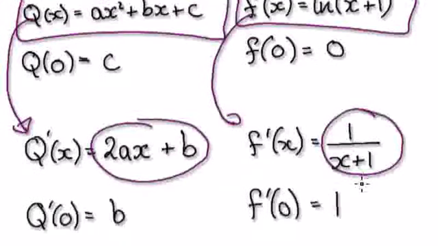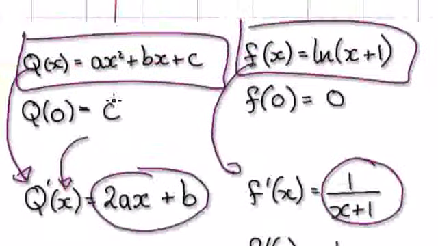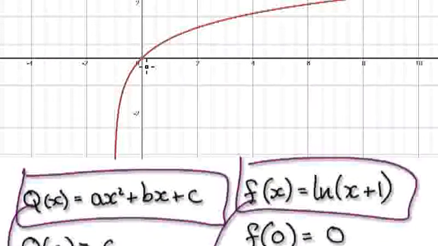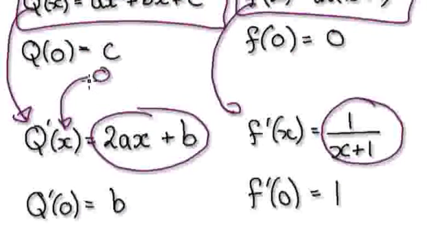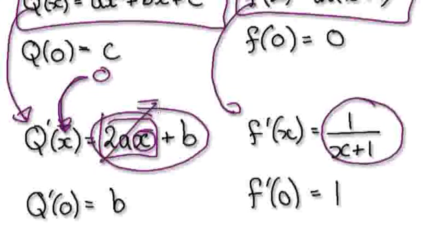We want the gradient of our quadratic approximation to be the same as the gradient over here. Then put 0 into here, because we are evaluating it around this region at x equals 0. Put 0 into here, and then this will be 0. That means this whole thing will be 0, leaving you just b.